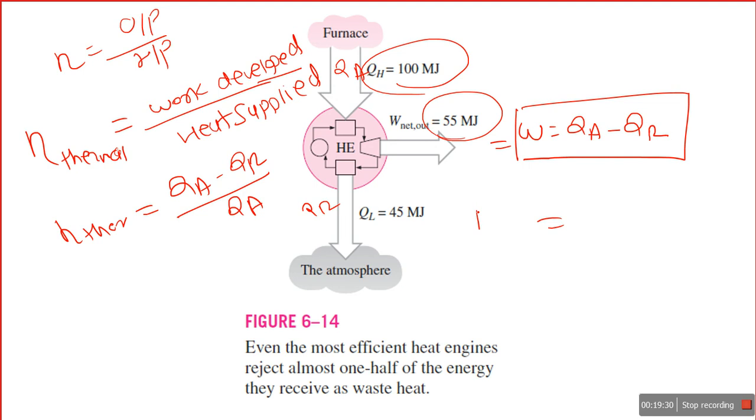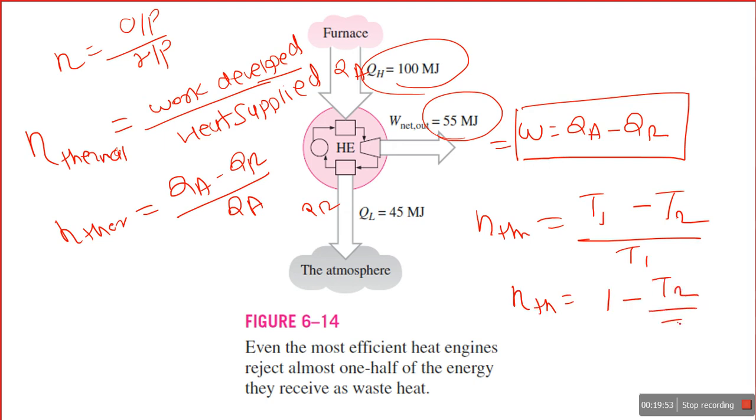The QA is correlated with the furnace temperature, the higher temperature T1. And the QR is correlated with the lower temperature, the sink temperature T2. So the thermal efficiency I can also write as 1 minus T2 upon T1.